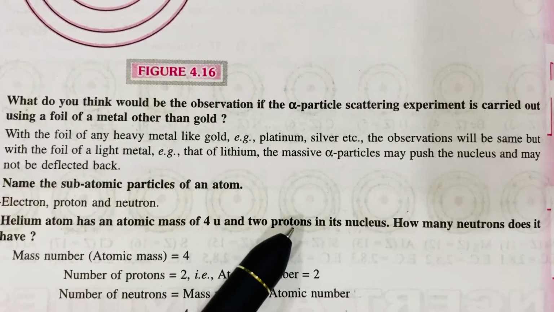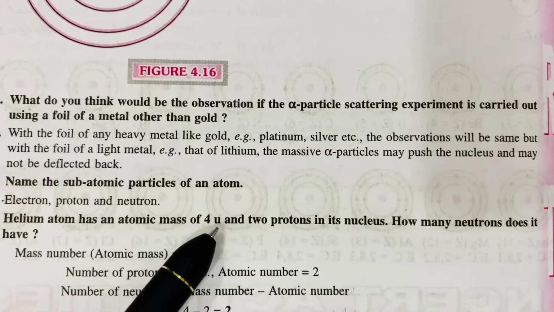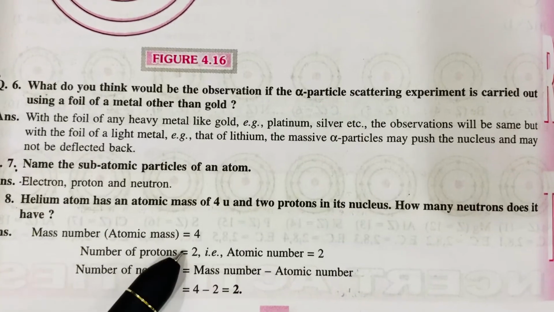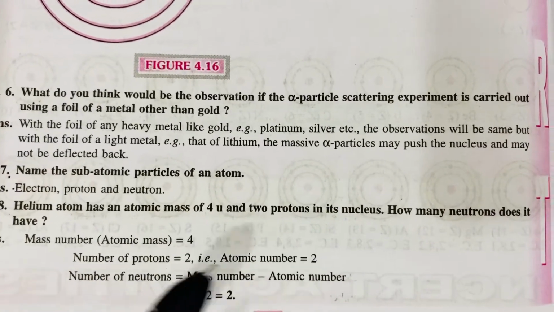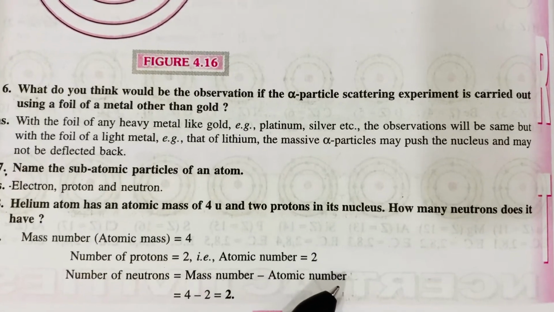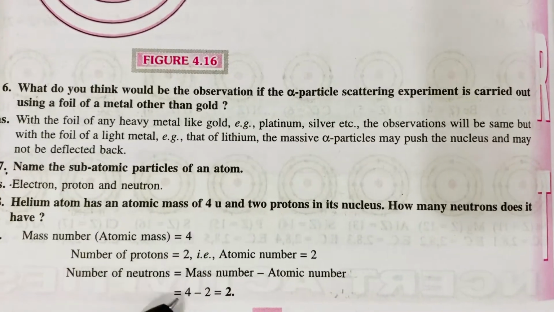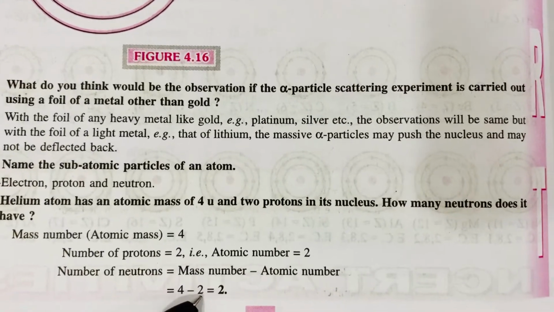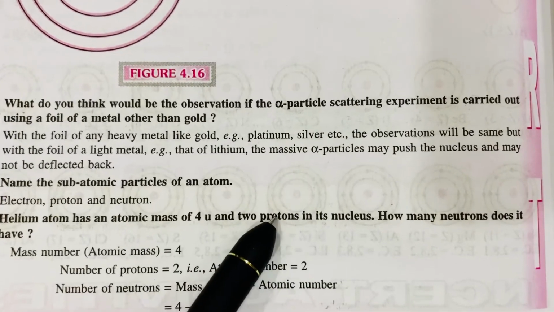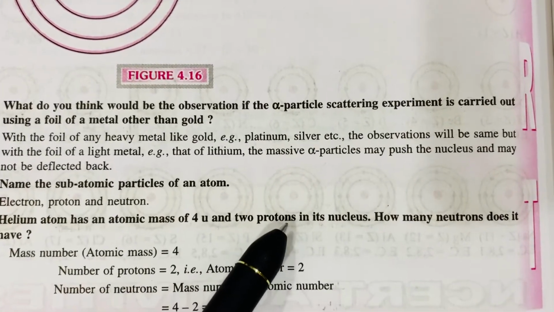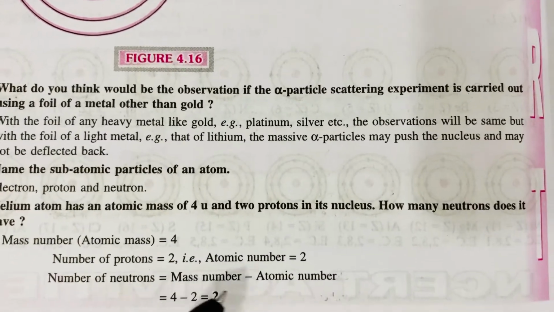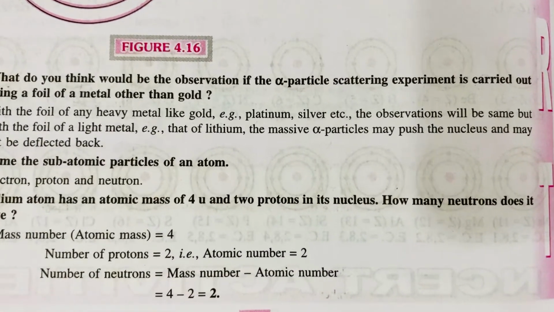The number of protons is the atomic number, so the atomic number is 2, and the mass number is 4. So the number of neutrons is 4 minus 2, which is 2. If the number of protons is given, you should know that it is the atomic number of the element. Mass number minus atomic number gives us the number of neutrons.